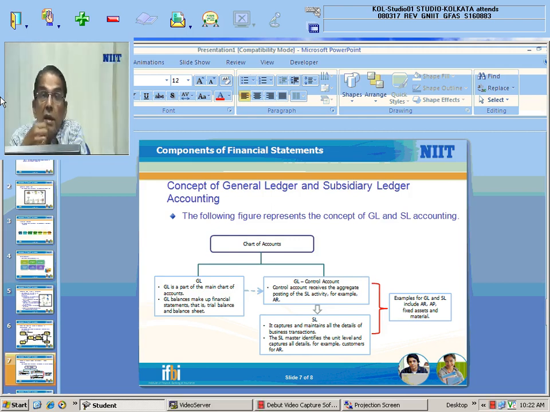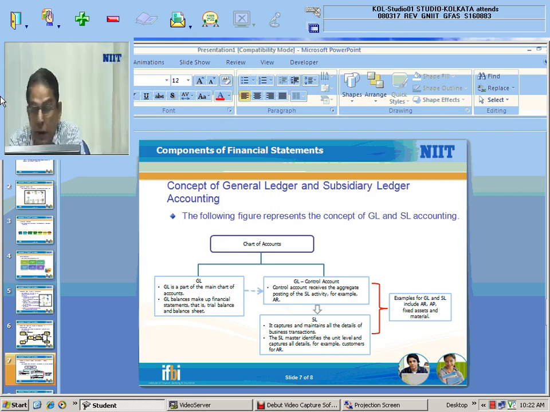So the aggregate account receivable number will appear in the account receivable control account in the general ledger. The details of the receivables from individual customers will be available in the subsidiary ledger. Another example could be the subsidiary ledger for account receivable.